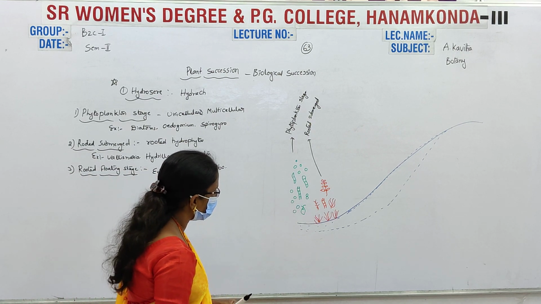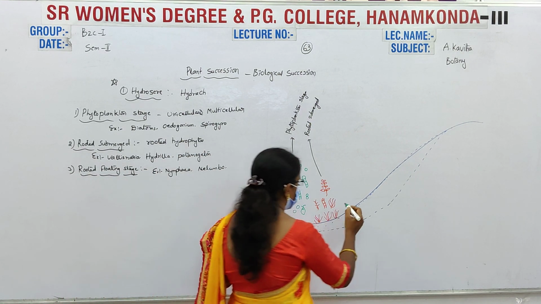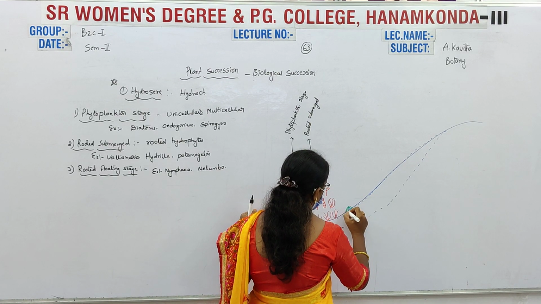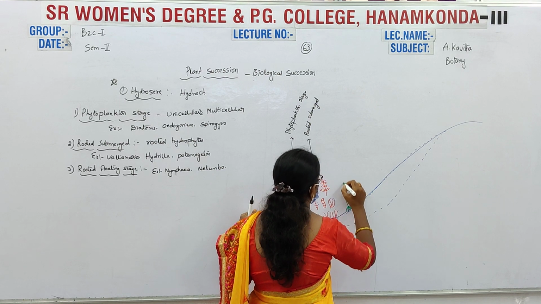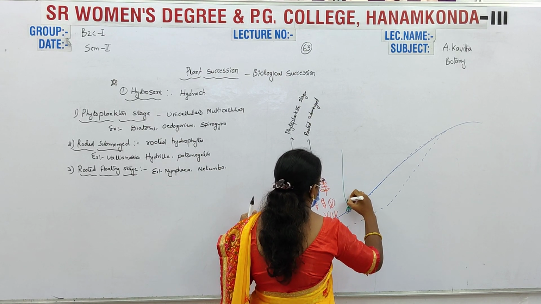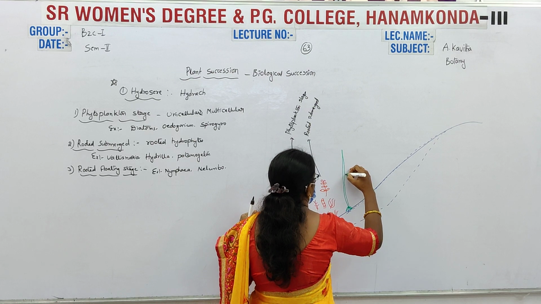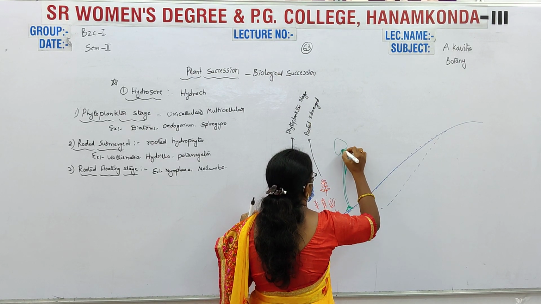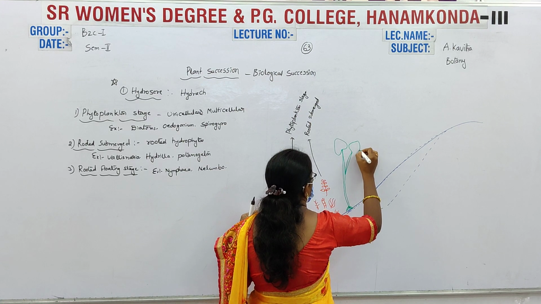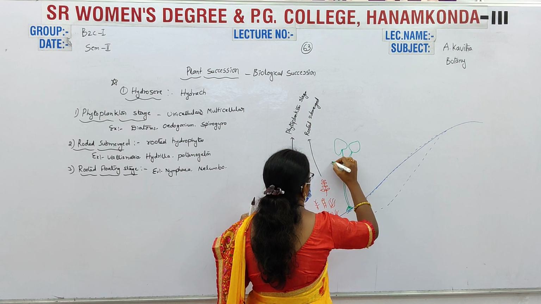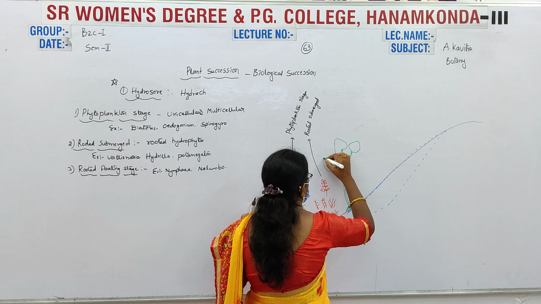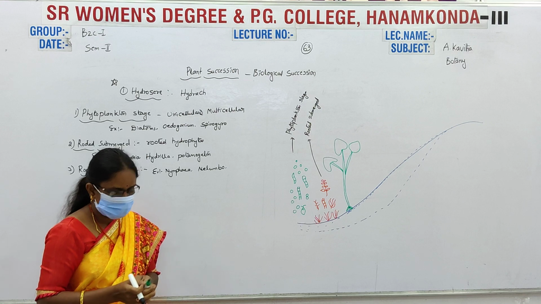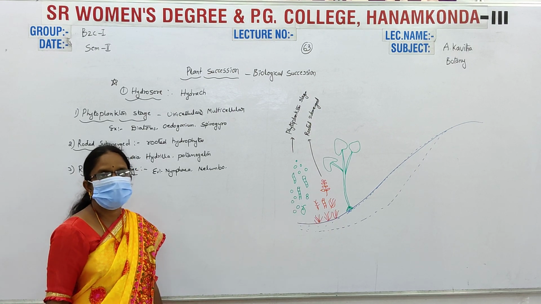We will see this diagram: the plants are attached by the roots, and normally it is a rooted floating stage.